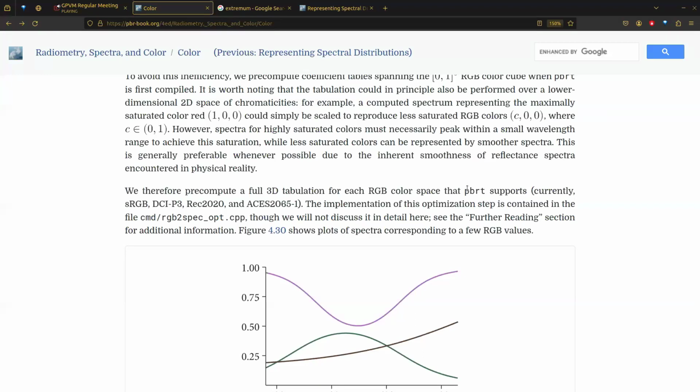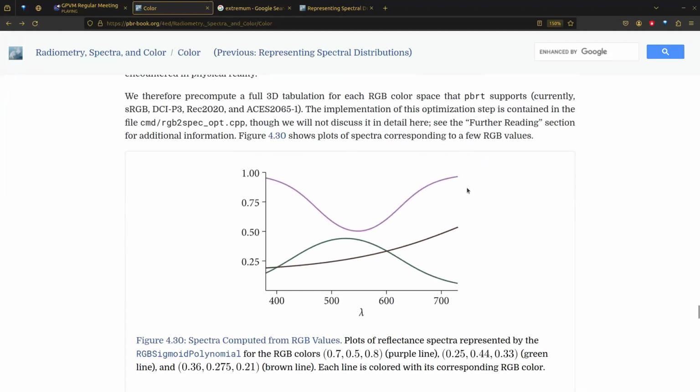Okay. So, therefore, pre-compute a full 3D tabulation of each RGB color space that PBRT supports. That's the 4 there, into a lookup table at startup. The implementation of the optimization step is there in the source code, and in the further reading section, there's some more information.